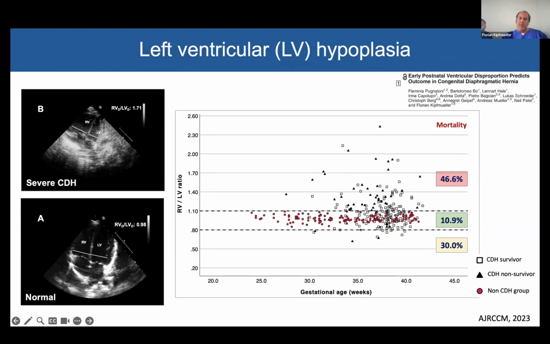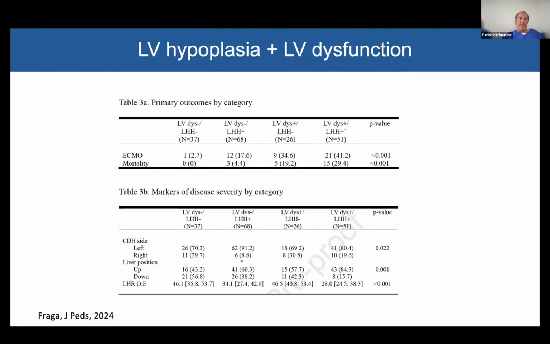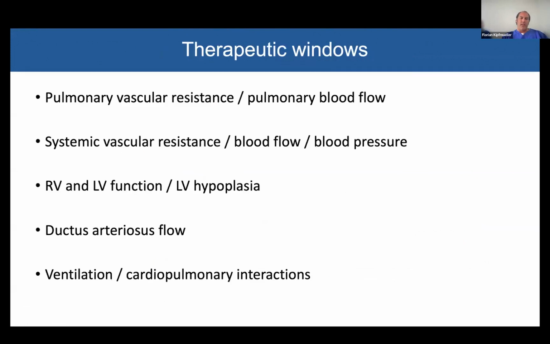So what we did in this study, as the red dots, you can see the right to left ventricular diameter in healthy newborns, preterm and term babies. And then the little pyramids are the CDH non-survivors, and the squares the CDH survivors. So this is really something that affects the baby and has been confirmed also by other groups.